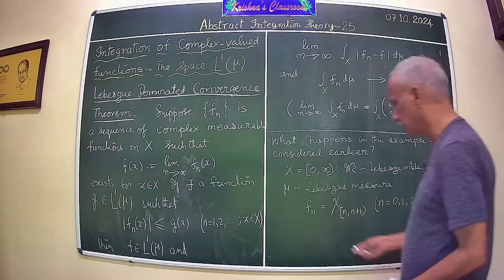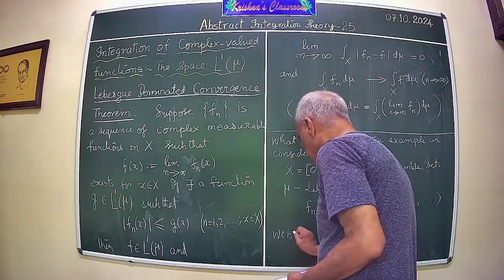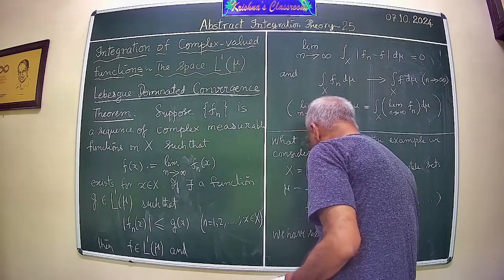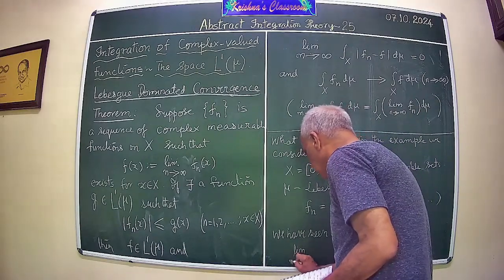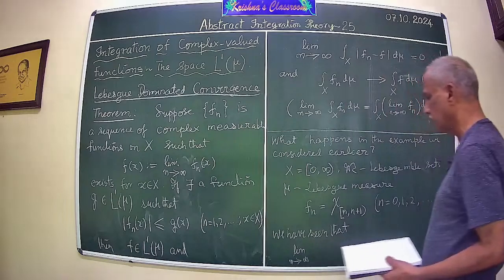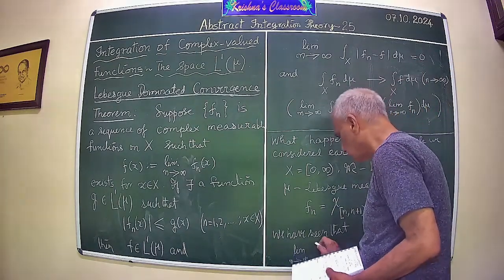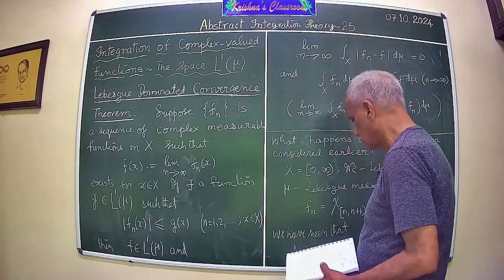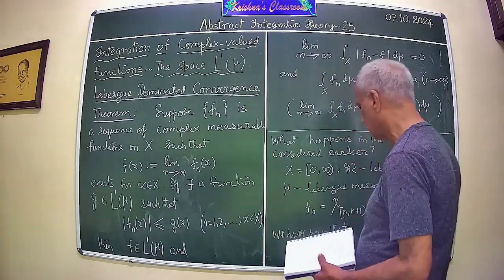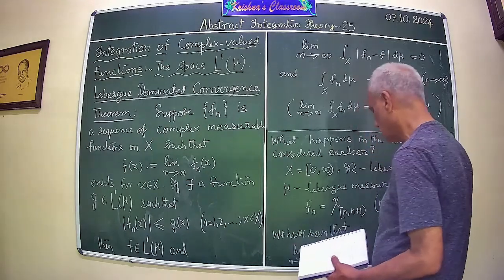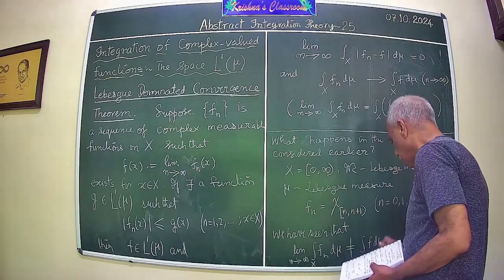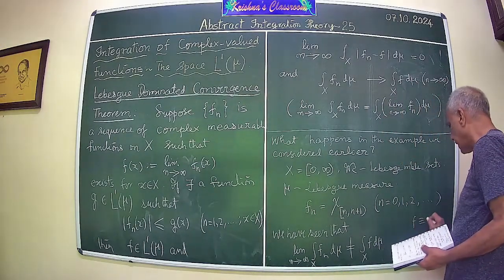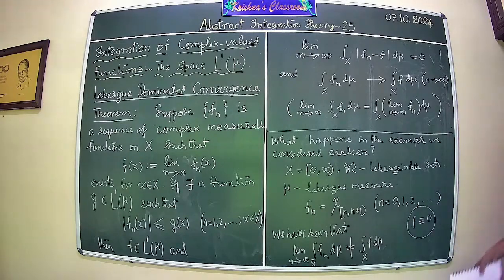Now we have seen that in this case the limit of the integrals as n tends to infinity is not equal to the integral of the limit, because f was identically zero in this case. Now we asserted that this was not true.